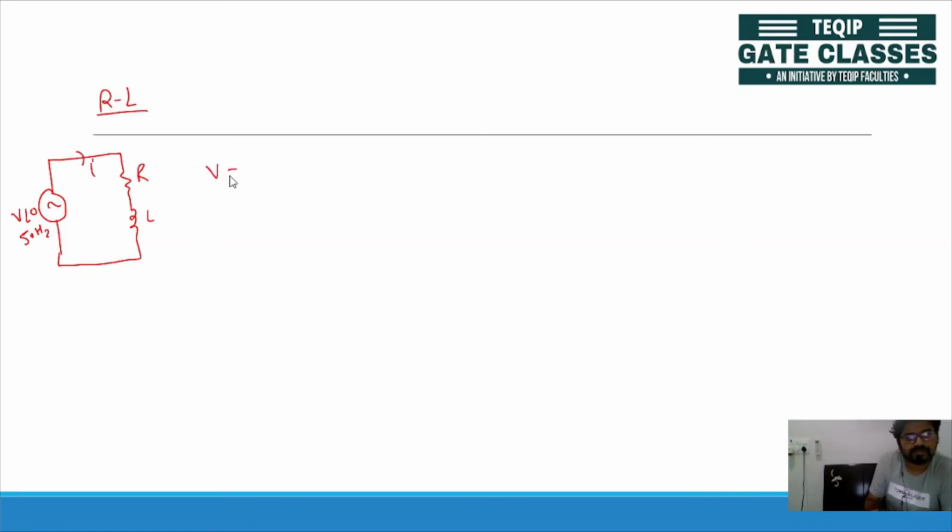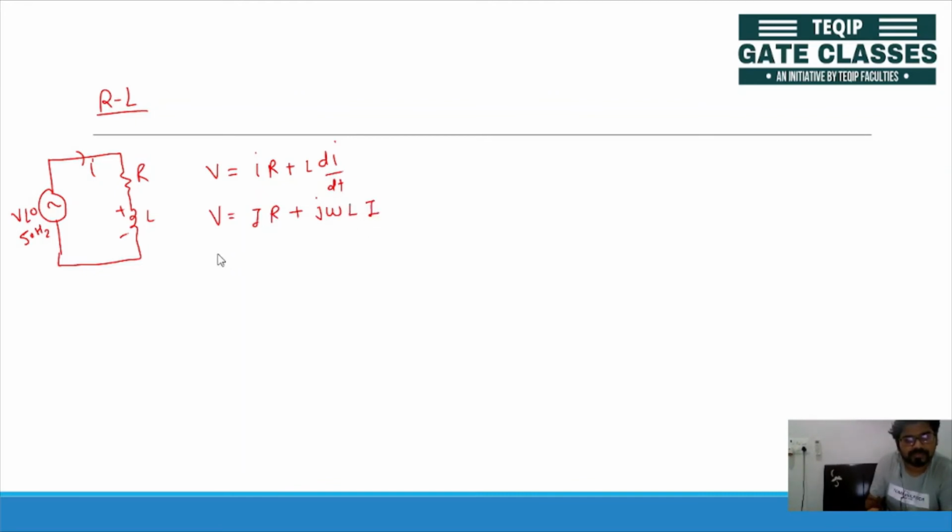V is equal to, in time domain, IR plus the voltage across this inductor, which will be L di by dt. Okay, if you convert it into frequency domain, what will you get? V is equal to IR plus, in place of d by dt you will get j omega, L is here and I.